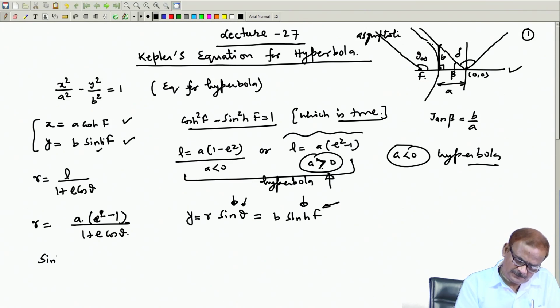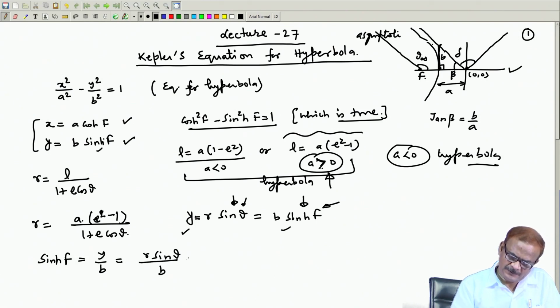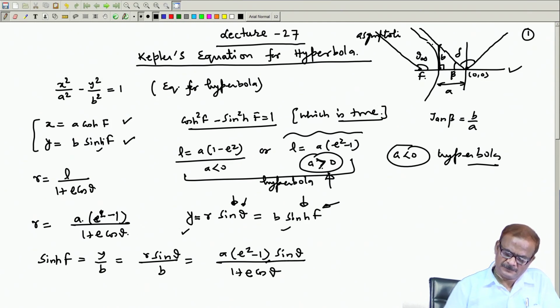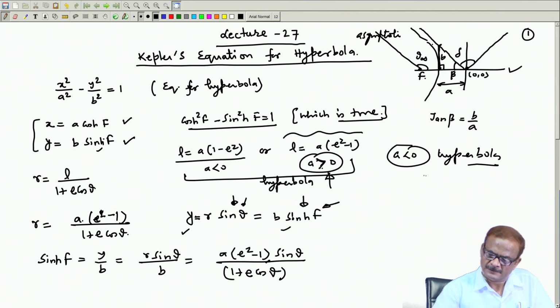So sinh f equal to y by b, equal to r sin theta divided by b, and r is known from this place: a times e square minus 1 divided by 1 plus e cos theta, and sin theta as we put here. Till this extent we have done this, and b is missing here. b, which we have not proved for the hyperbola yet, equals a times under root of e square minus 1.